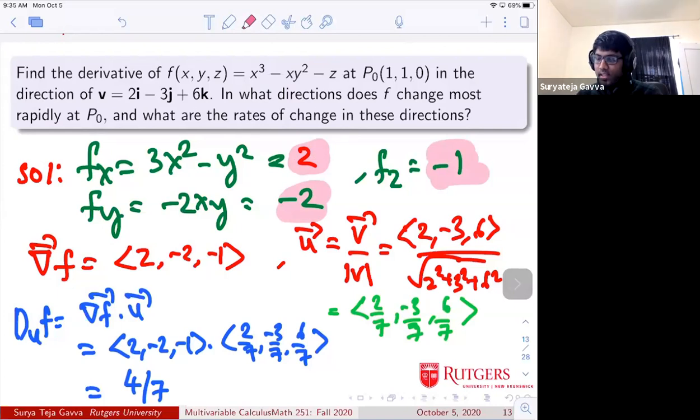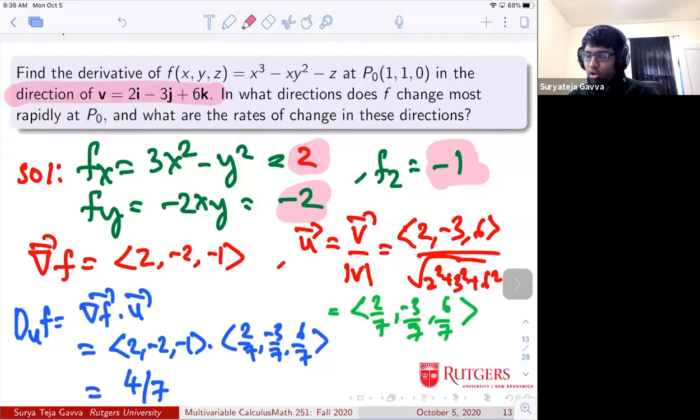Okay, so typically we take it to be a unit vector because you just want the direction, the derivative along the unit vector. We just need the directional derivative. That means what is the derivative as you move along that vector? So when you ask for the derivative along the direction of that vector, you just take the unit vector in that direction.